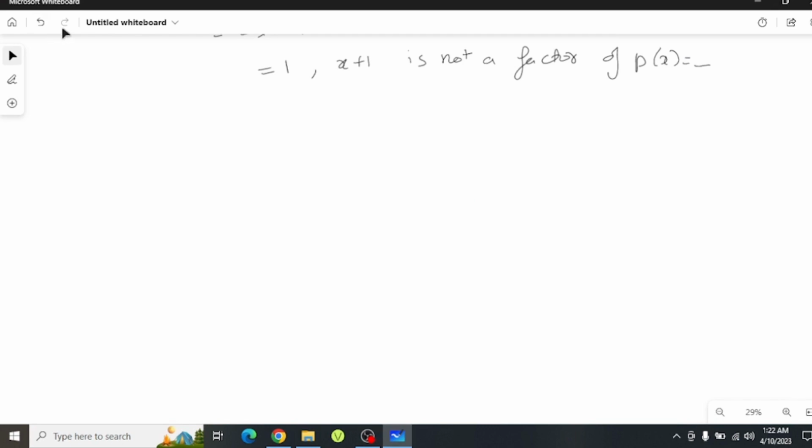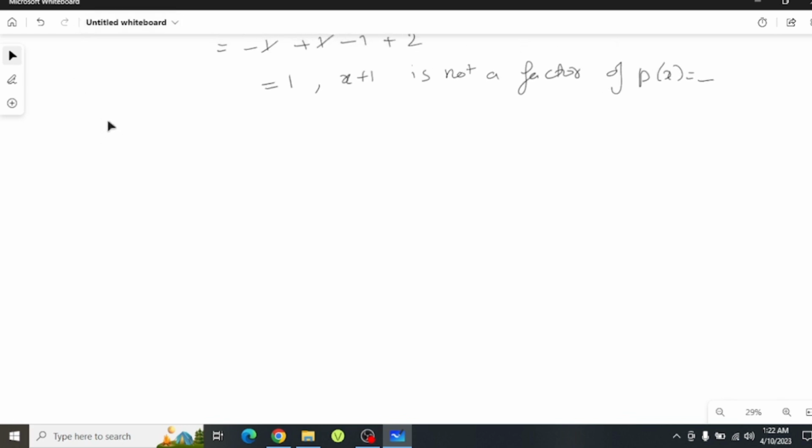So now we will do the second question, and the second question is saying use the factor theorem to determine whether g(x) polynomial is a factor of p(x) polynomial in each of the following cases. Okay, so here we have two polynomials.